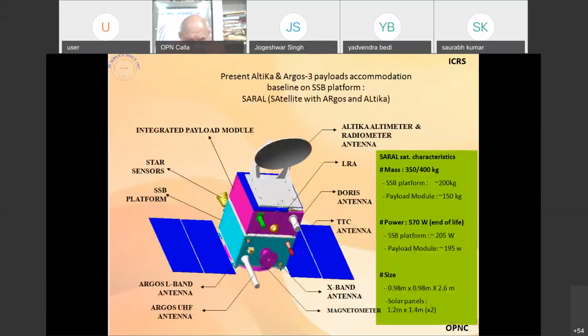Now this is how it looks, where you have this antenna, which is used for both the altimeter as well as the radiometer. And then these are for the other applications. This is the nature of the antenna. These are different scenarios. And this is how the whole thing looks, the satellite Saral with the Argos altimeter.